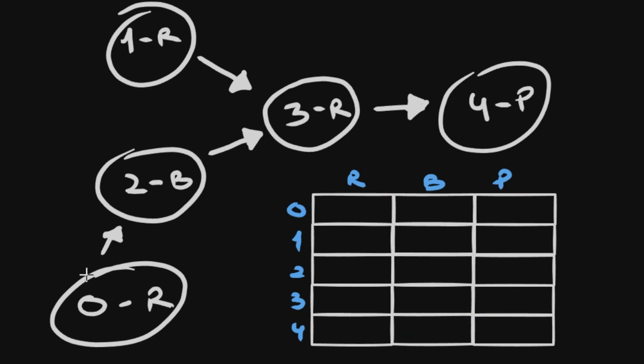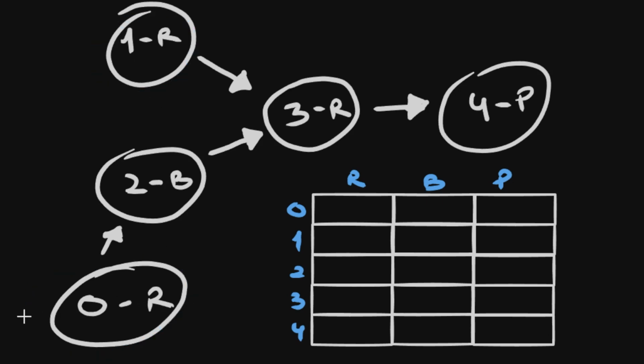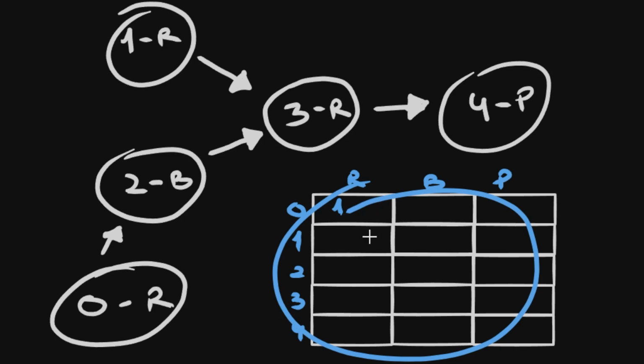So remember, we are starting to iterate this from the sources. We are starting from here and from here. Let's say we start here. So at node 0 we have 1 red. So in 0 red we add 1. Remember, every value in this grid is initially 0.